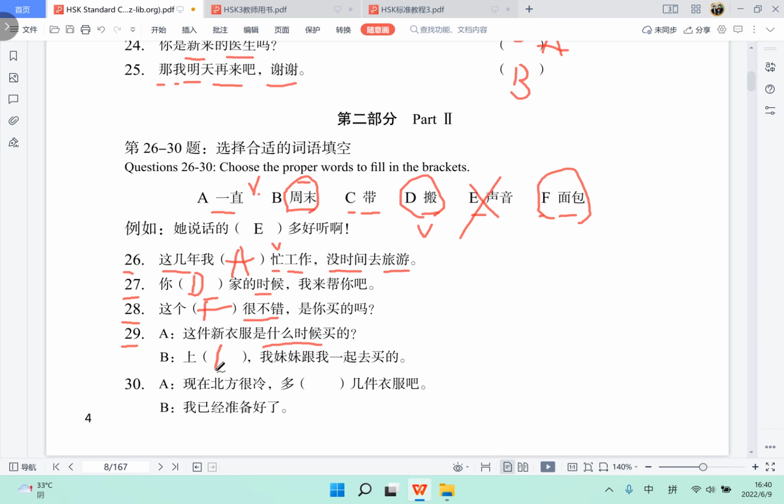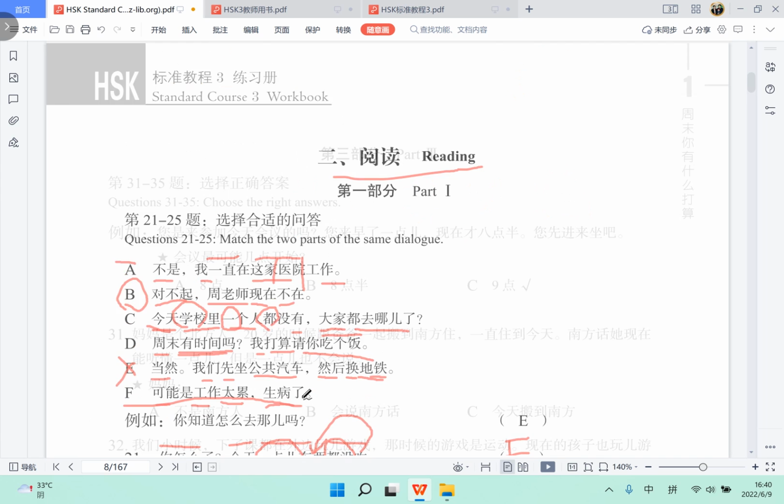So 周末, so 上周末 last weekend 我和我妹妹一起去买的, so my younger sister and I went together to buy it. And 30, so C, right, only one left. So 现在北方很冷, so now northern China is very cold. So bring more clothes with you. And B 我已经准备好, I already prepared well.